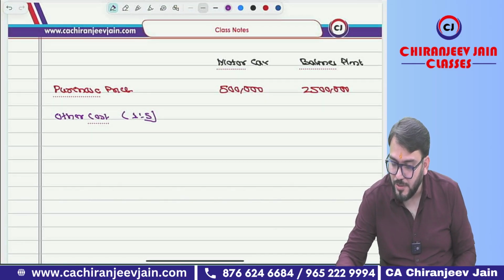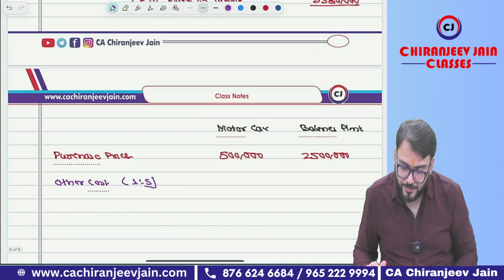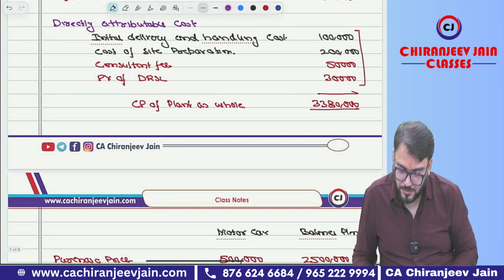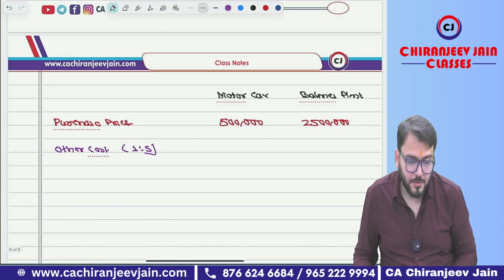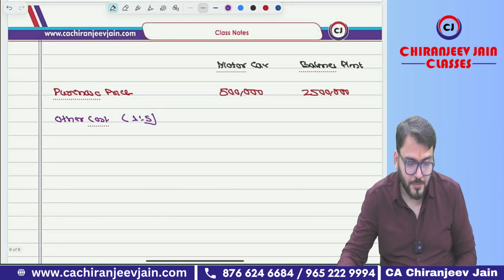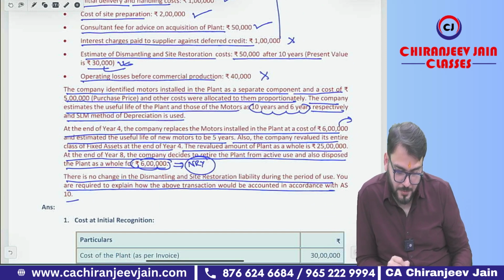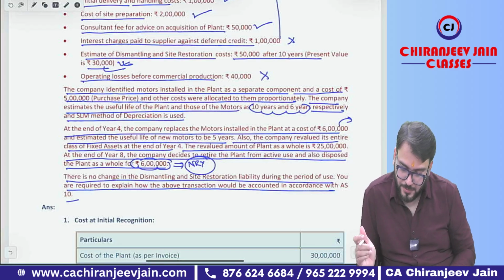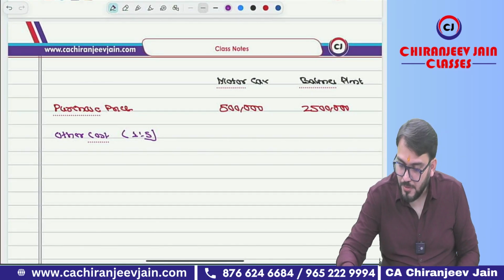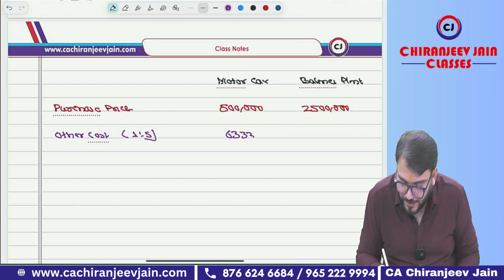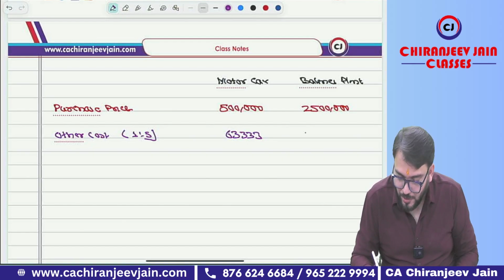So 3,80,000 divided by 6 is 63,333, and the balance, 3,80,000 minus 63,333, is 3,16,667.